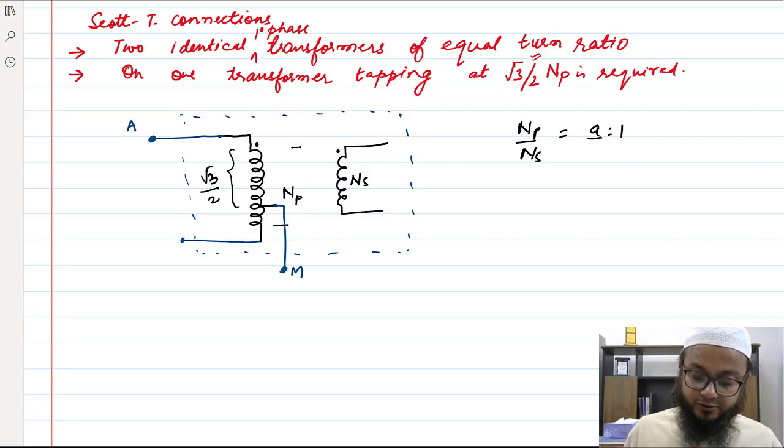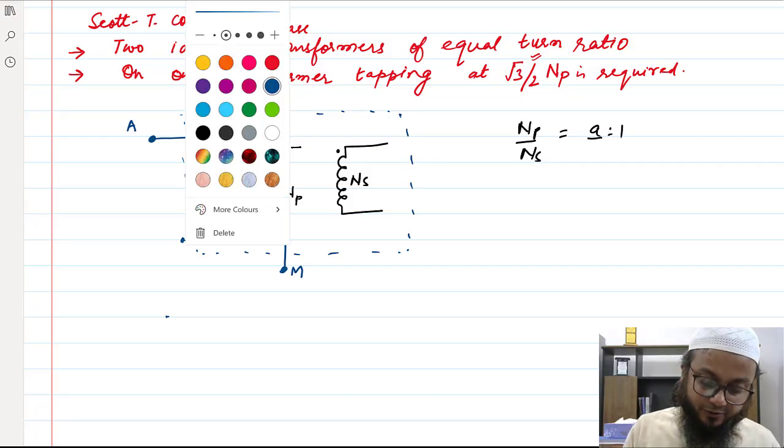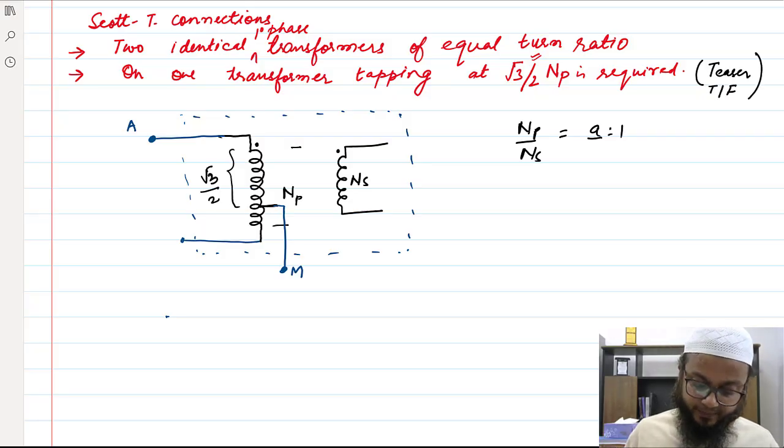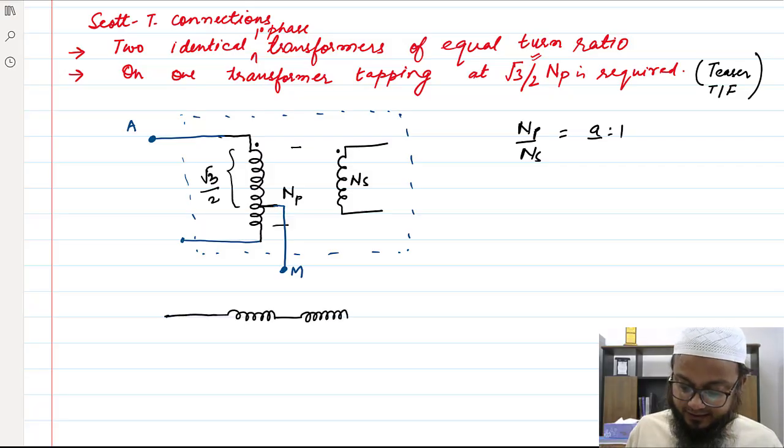This transformer is known as the teaser transformer. We have another transformer, and we have a tapping here at the midpoint of it.